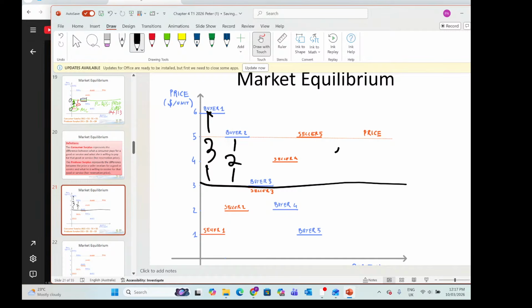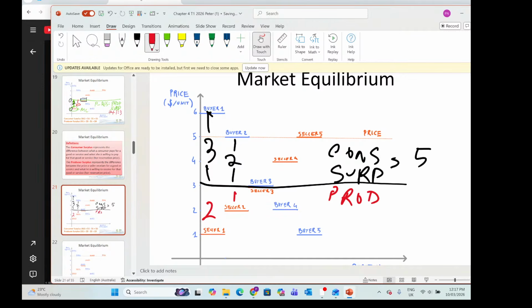So our consumer surplus equals 5. And when we think about our producer surplus, we've got 2 plus 1. So our producer surplus equals 3. So the total surplus equals 8. The total surplus in the market equals 8.